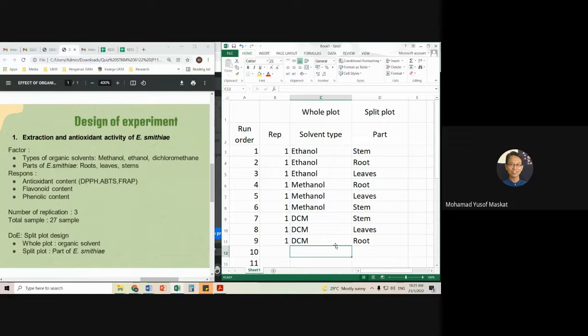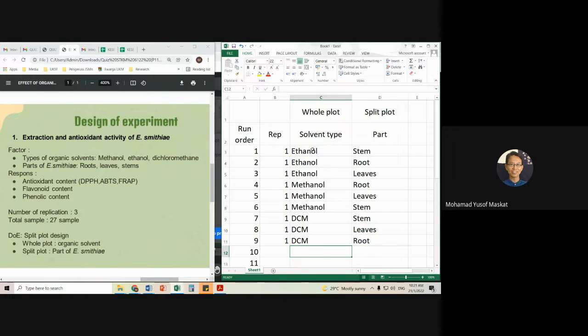If it is a factorial design, then for the first one, maybe it is ethanol stem, and then comes DCM stem, for example, and then comes methanol leaves. That is factorial design. Even though you do factorial design using blocks, all the nine different treatments have to be randomized.